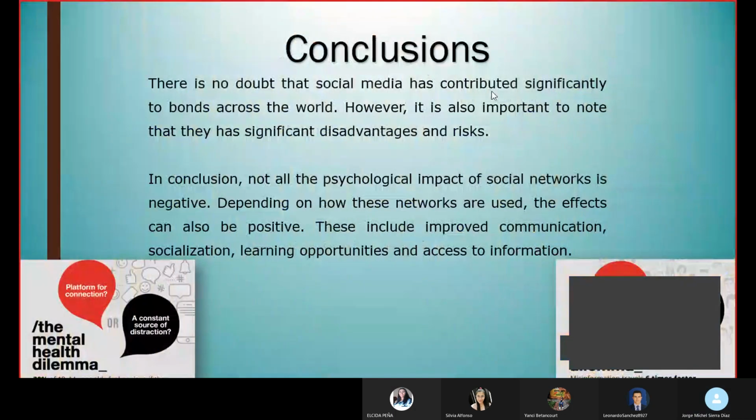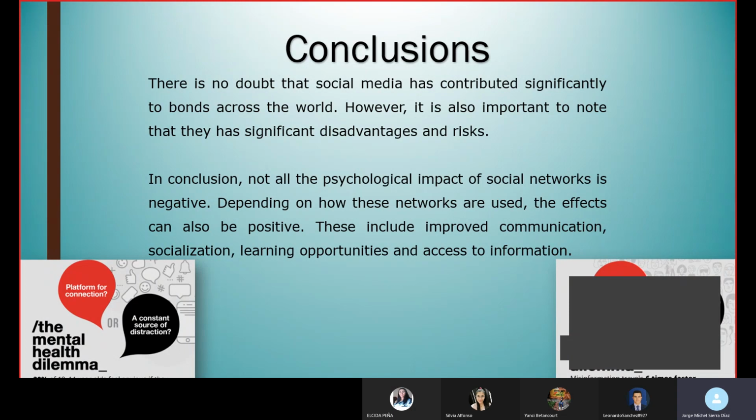Well, now, in conclusion, not all the psychological impact of social media is negative. It depends on how you use these networks.